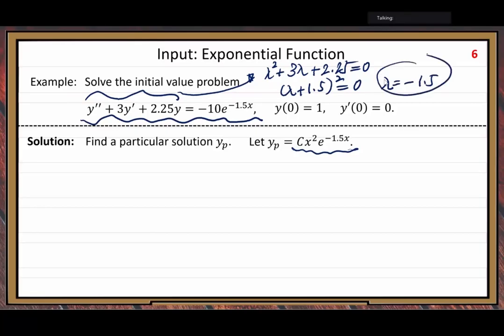Now, there is an interesting property here. At the right-hand side, the R function, you can see the exponent part happens to be the same, matching that root, lambda equals negative 1.5. So with this special structure, how to choose the appropriate form of the YP function?